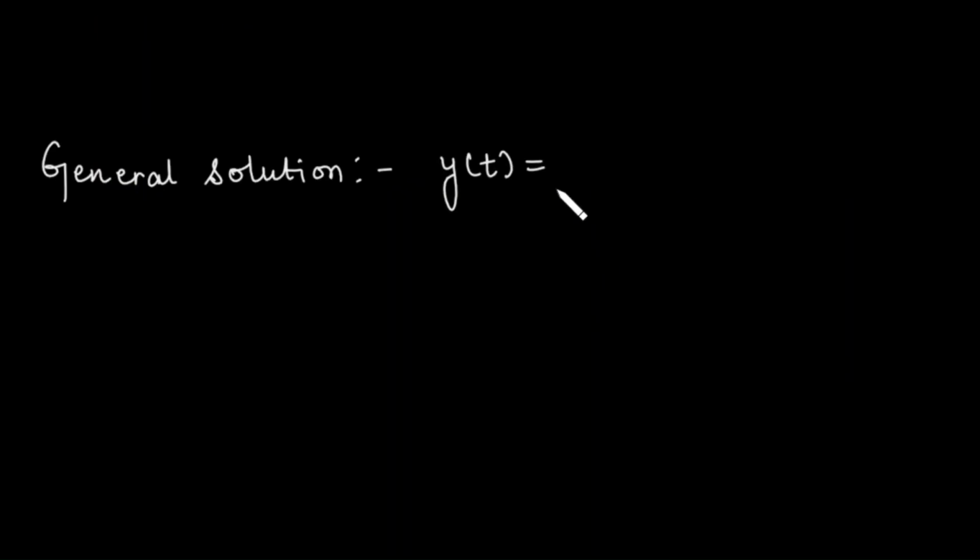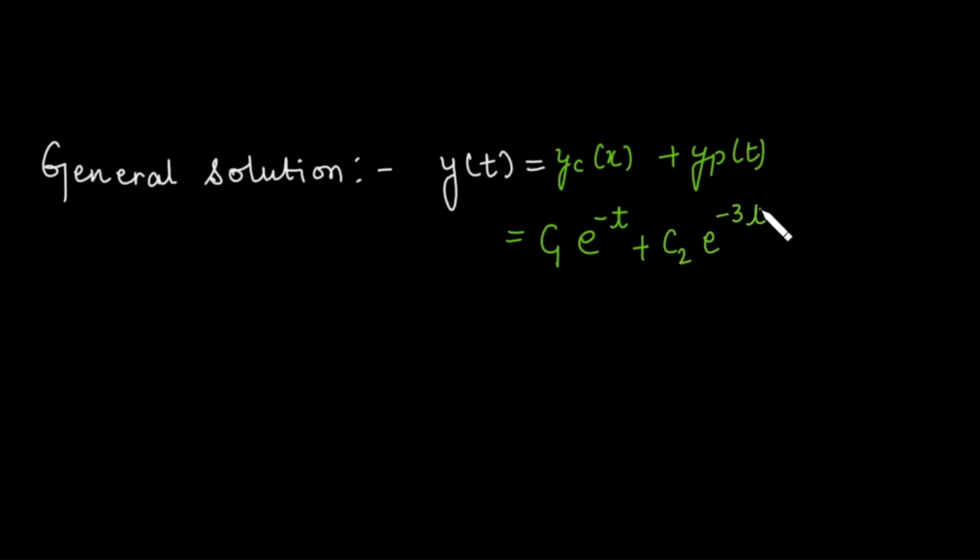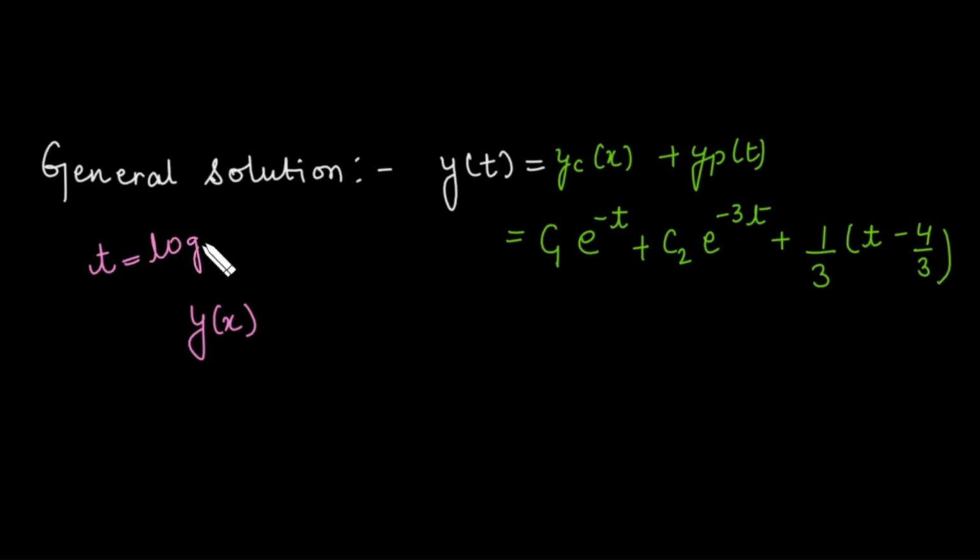The general solution is equal to the complementary function plus the particular integral. In this case, the complementary function is c1 e raised to power minus t plus c2 e raised to power minus 3t, plus the particular integral, which is 1 by 3 t minus 4 by 3. Now we need the answer in terms of x, where t is replaced by log of x, or we can say that e raised to power t is replaced by x.